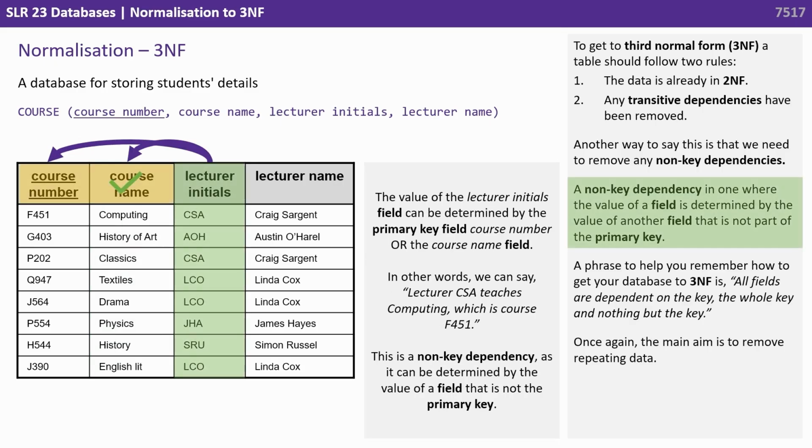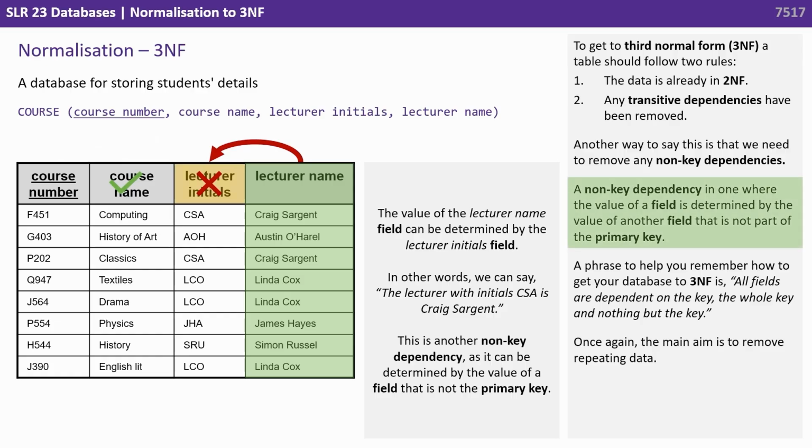The value of the lecturer initials field can be determined by the primary key course number or the course name field. In other words, we can say lecturer CSA teaches computing, which is F451. This is a non-key dependency, as it can be determined by the value of a field that's not the primary key.